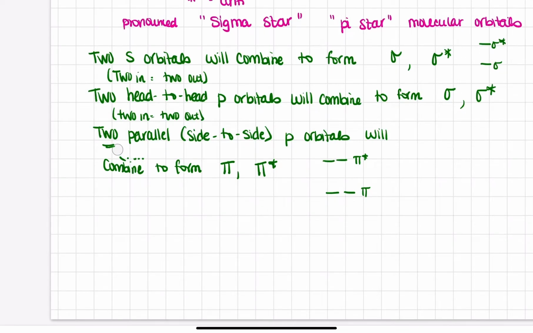Two parallel means 4 in, 4 out, because I got 2 from each side coming in.